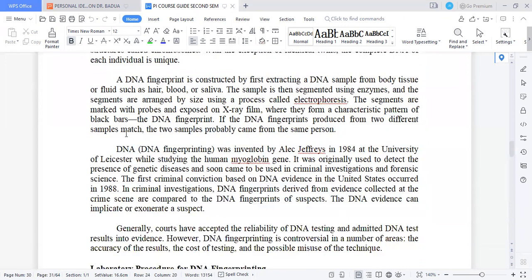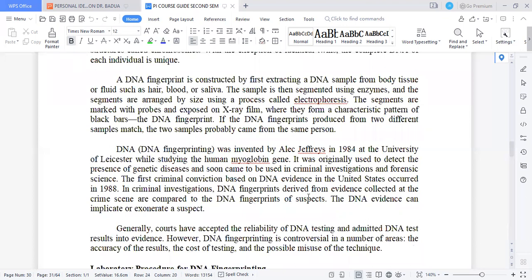Accordingly, the person who invented this system is Alec Jeffreys, and he studied the human myoglobin gene. It is in this way that they detect the presence of genetic diseases, and it soon came to be used in criminal investigations and forensic science.